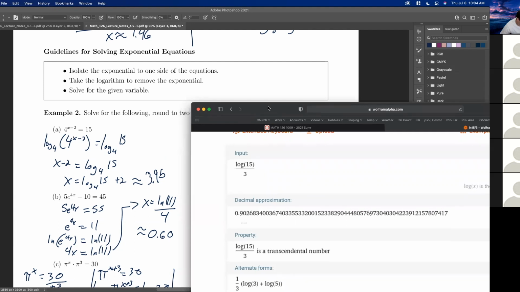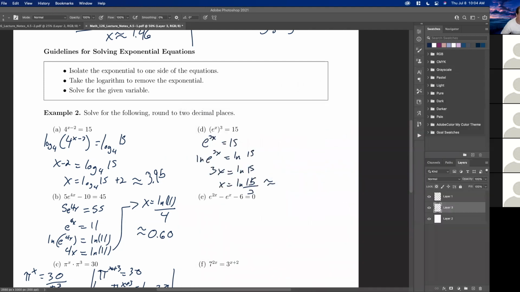So we get 0.90. And just to test it, just for my own frenzies. Oh, yeah. And of course, that works the other way. All right, so there we go.